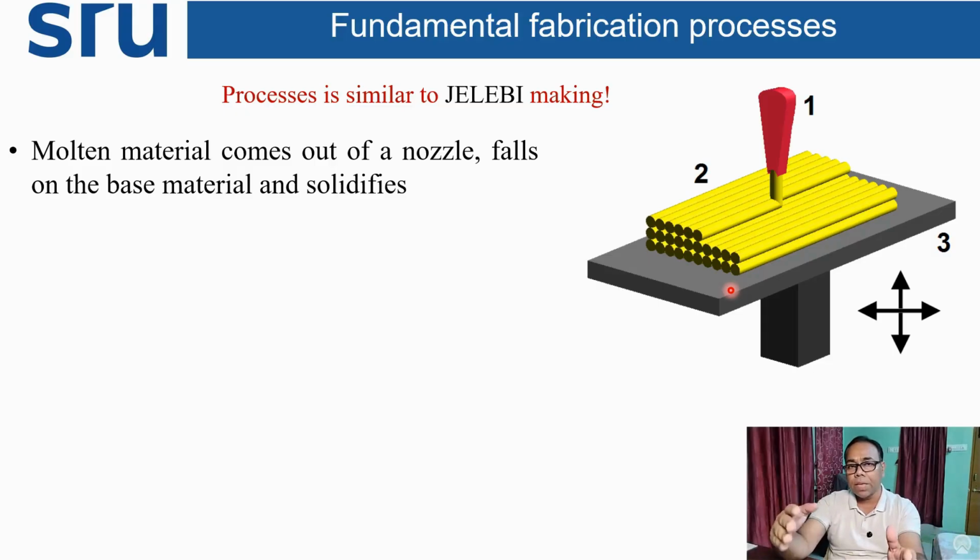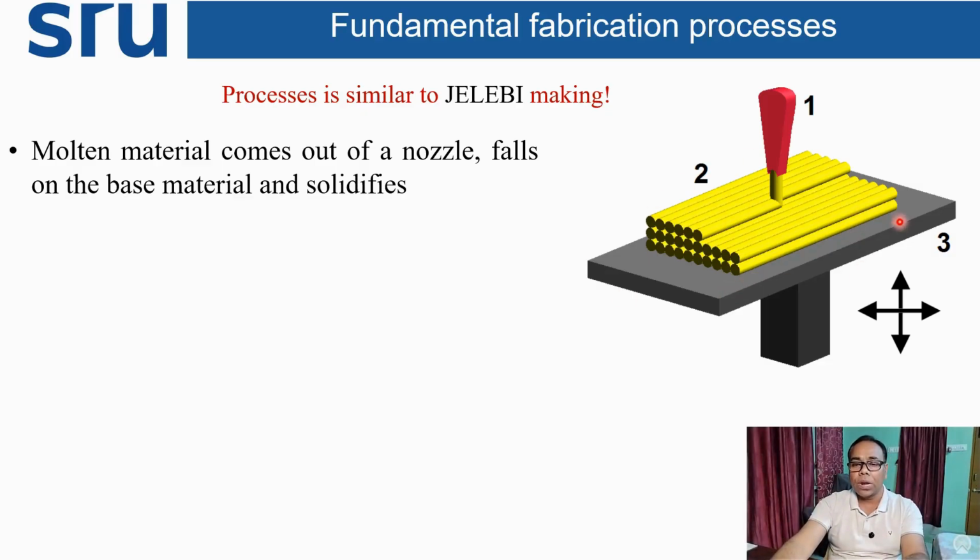Based on that, some build platforms move in the x coordinate and y coordinate, and a separate z axis movement is there, where the heating element can move in the z axis direction. Similarly, in some machines the build platform can move in the z axis direction and the heating element can move in the x and y directions, so that movement in all three dimensions, x axis, y axis and z axis, can take place, and the final 3D part can be made from that movement.